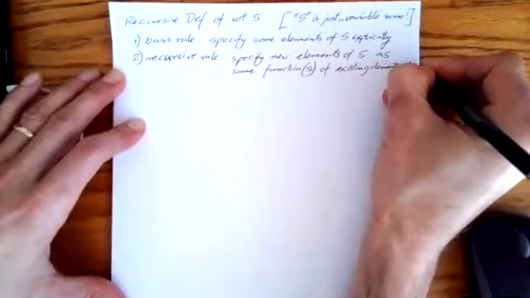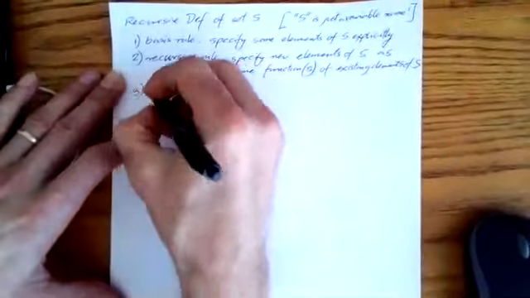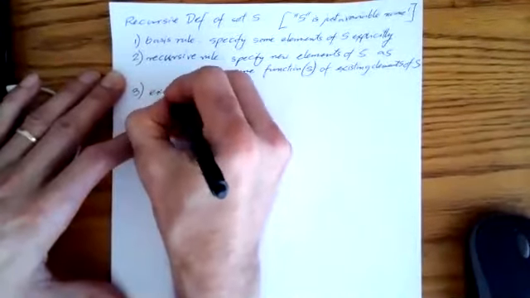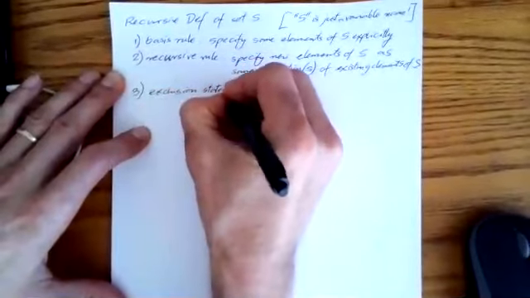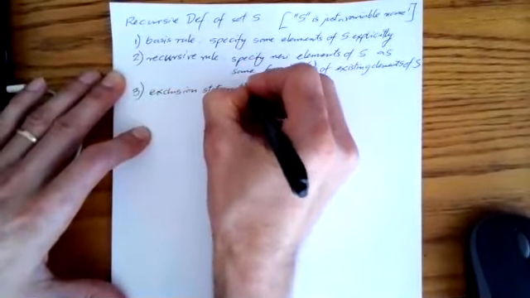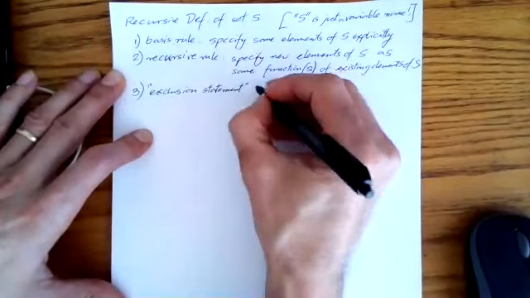of S. And the third thing is the so-called exclusion statement. It's like a legal contract, so it's basically implicit.